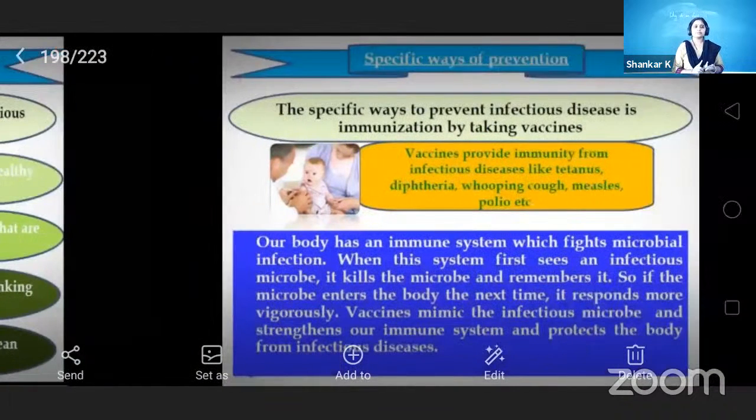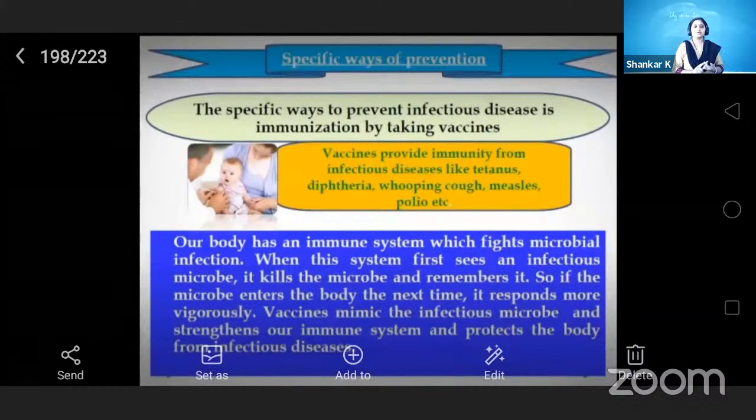Next is specific ways of prevention. That was the general way; specific means personally. The specific way to prevent infectious disease is immunization by taking vaccines. When a baby is born, it is given many vaccines, like the polio vaccine at 6 months, 1 year, 1.5 years, 2 years.